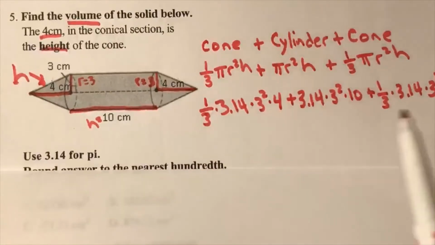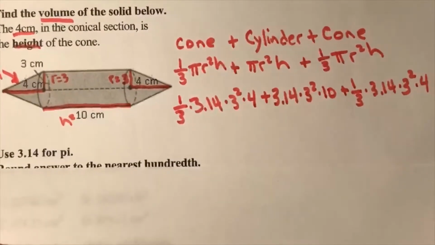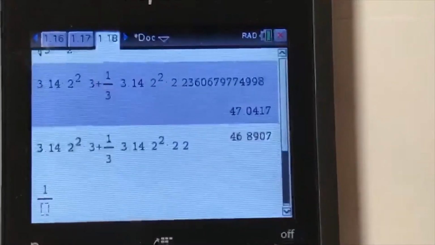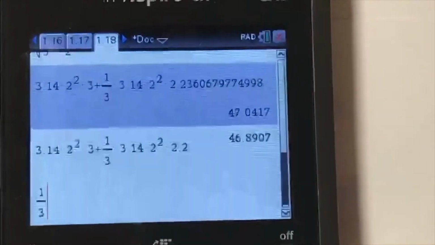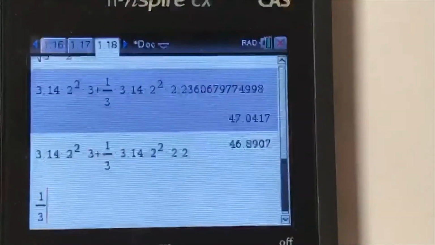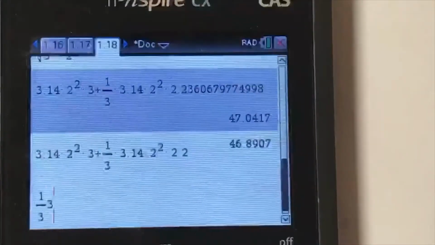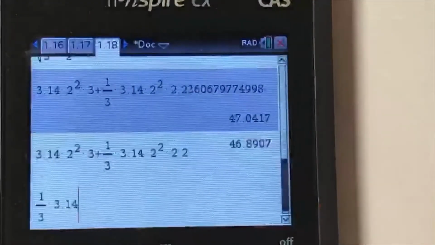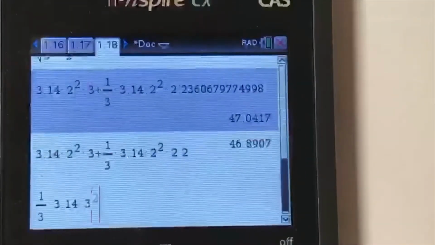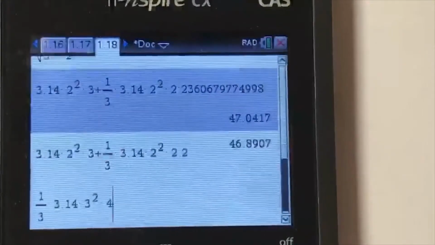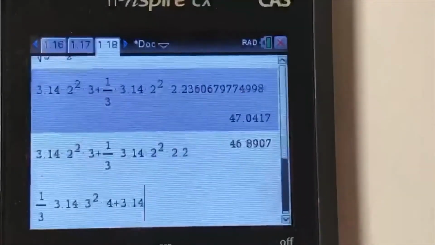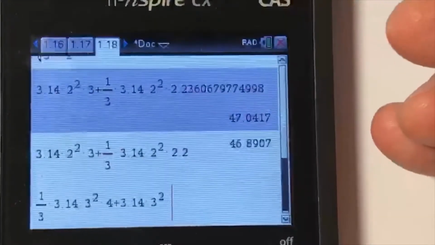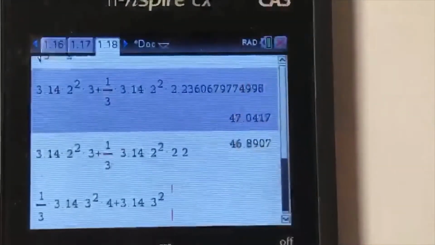Now, divide 1/3, times 3.14 times 3 squared times 4, plus 3.14 times 3 squared times 10.